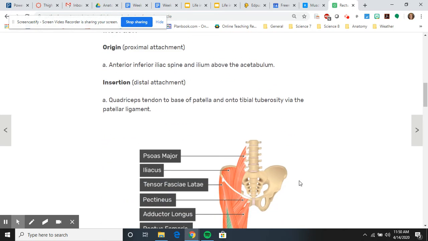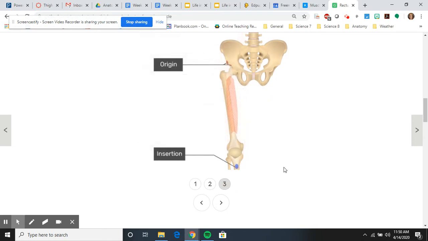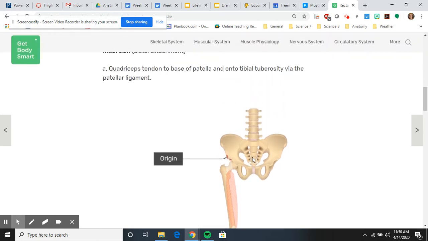All of these muscles are going to have the same origin and insertion for the most part, or at least the same insertion. So this one originates on the iliac spine and the ilium, so down here, anterior and inferior on the hip. And then there's a tendon right here that it attaches to, the tibial tuberosity on the tibia.